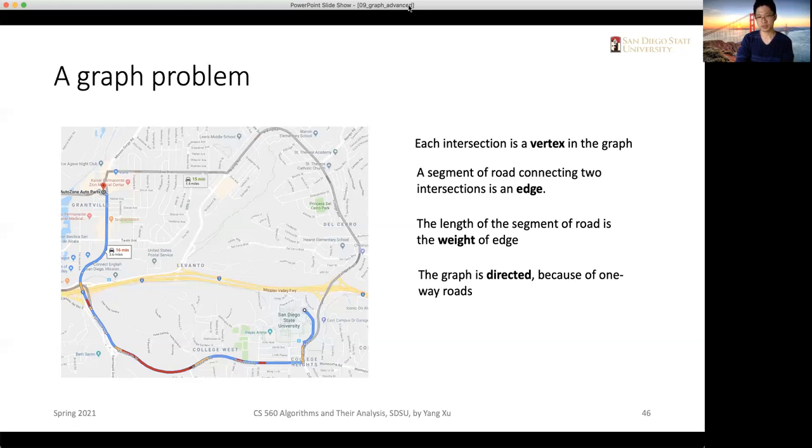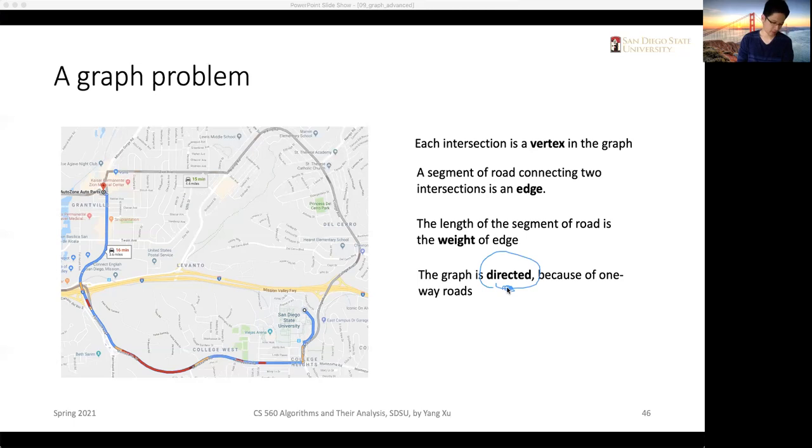Because we know that some roads are two-way, right? Some are one-way roads. So that is also a reasonable assumption. So you can see this type of problem, the shortest path problem, is more advanced because now we consider the directions.